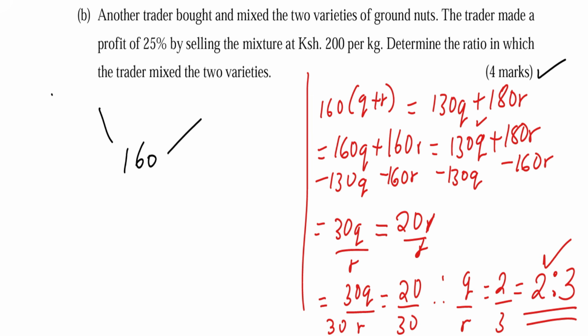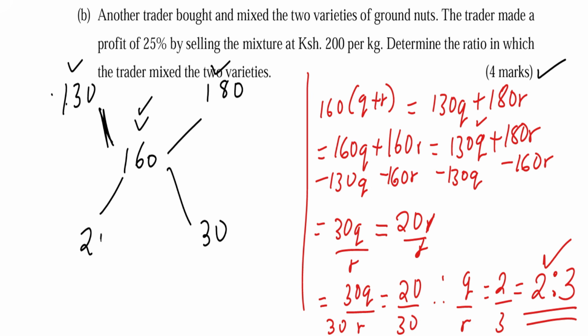What about 100%? So baada ushapata 160 hiyo, na wajua ratio ya hapa ni 130 na hapa ni 180. Sawa? So what you do, utachukua 160 minus 130 na itakupa 30. Utachukua 180 minus 160 na itakupa 20. So ratio yako tayari ushapata ni 20:30.